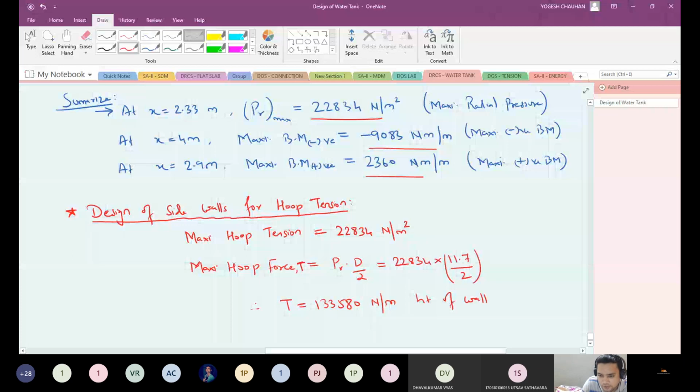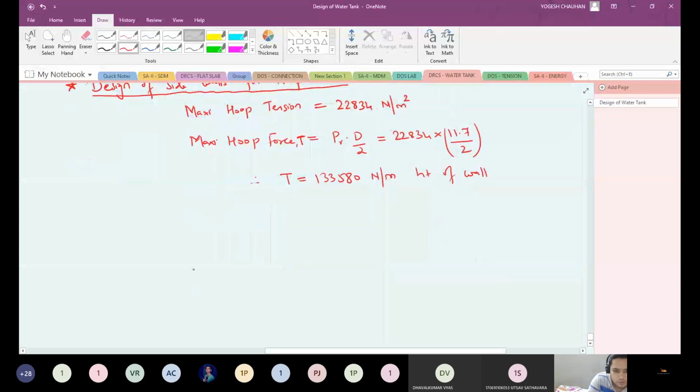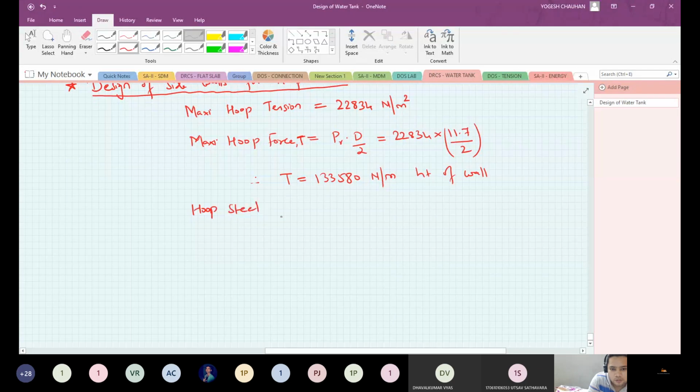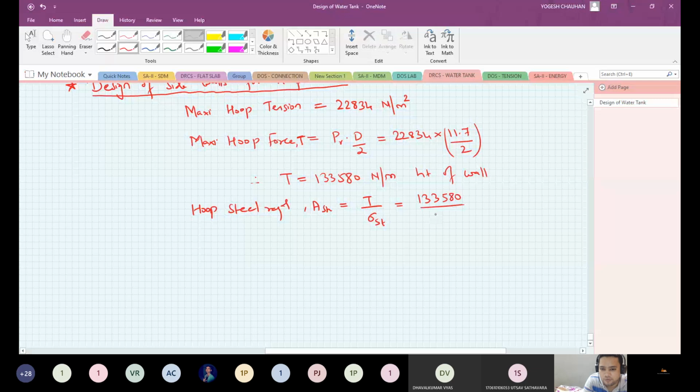So for this tension you can now find the hoop steel. Hoop steel required, we call this ASH, is equal to T by sigma ST, that is permissible tensile stress in steel. So 133,580 divided by, for this mild steel, the permissible stress is 115.